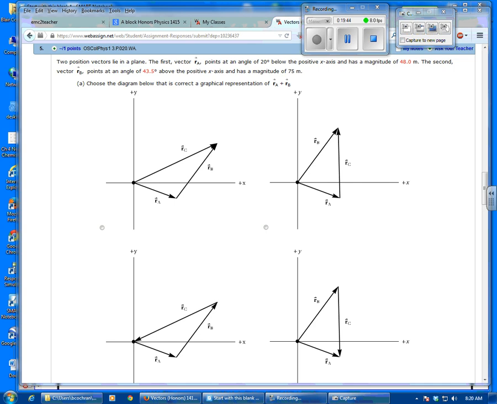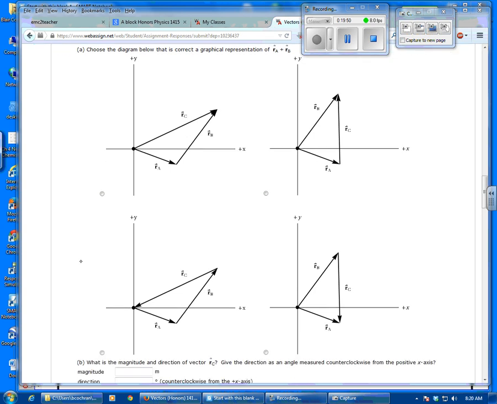They're not in the lower right-hand one, I'm going to forget about that one. And then they are also in tip-to-tail in the bottom left-hand one. And then I think, okay, so both these have my RA and RB in tip-to-tail arrangement. But then I remember my resultant goes from the tail of the first to the tip of the second one.